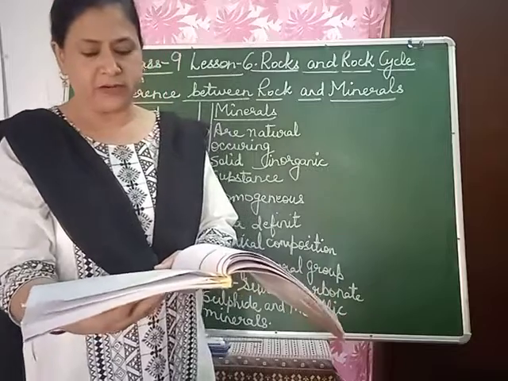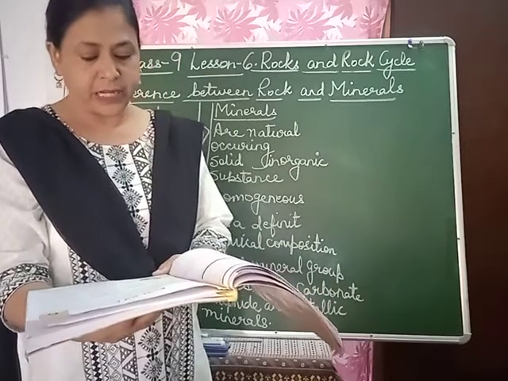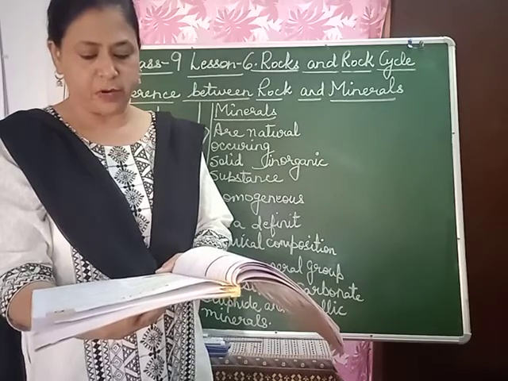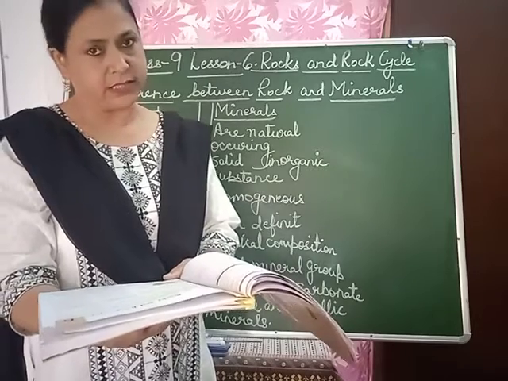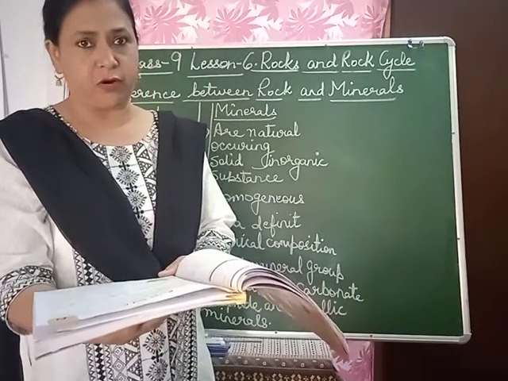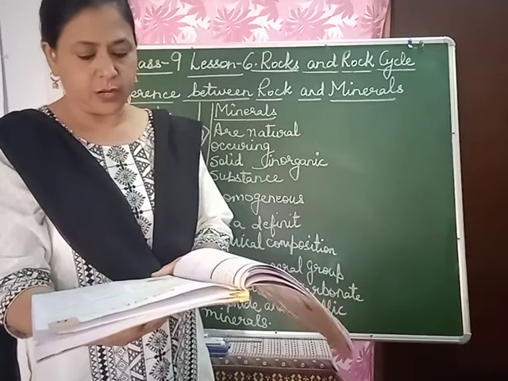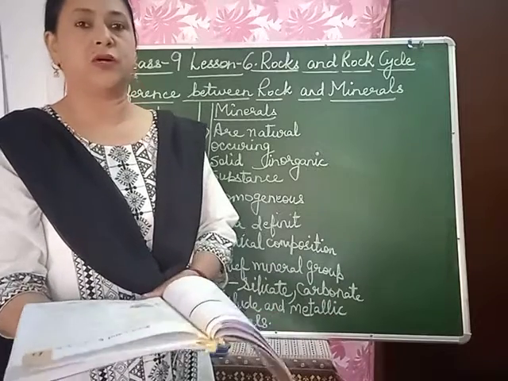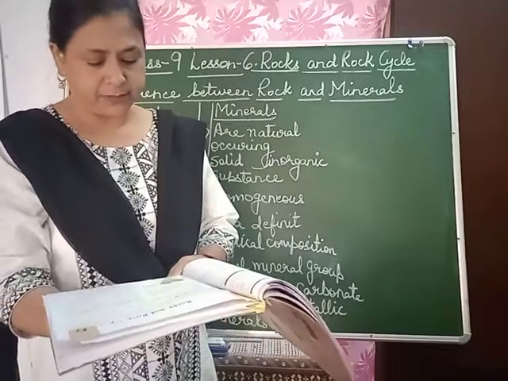Thus, a rock can be defined as the aggregate of minerals that forms a more or less definite unit of the earth's crust. So the earth is made up of rocks and minerals.